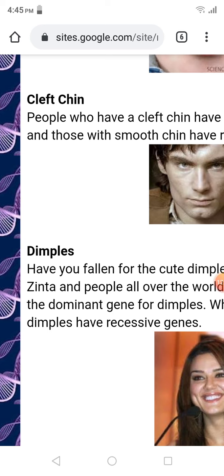So from that point on, I tried to tag team the physical trait stuff with ethnic diseases or race-based genetic diseases. And that's how I got into studying this cleft chin.